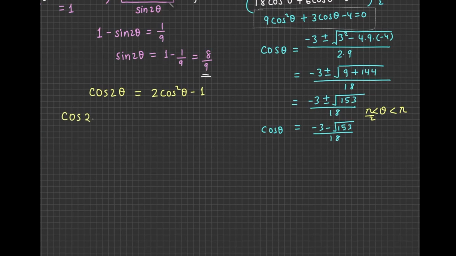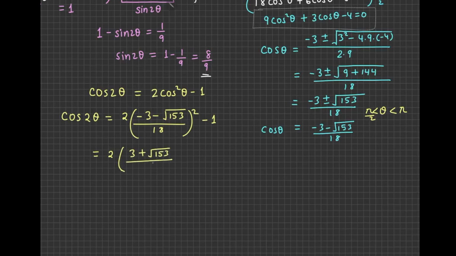So cosine 2 theta is equal to 2 times minus 3 minus square root of 153 divided by 18, squared, minus 1. The minuses cancel out: 2 times 3 plus square root of 153 divided by 18, squared, minus 1.